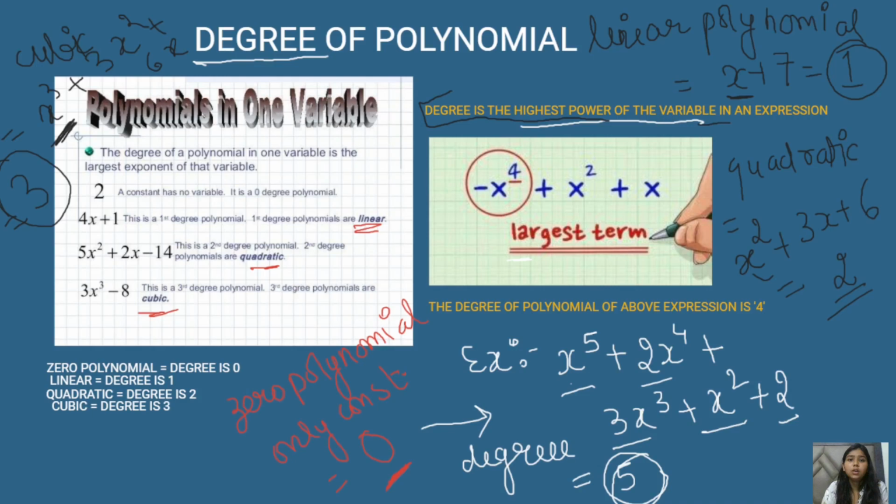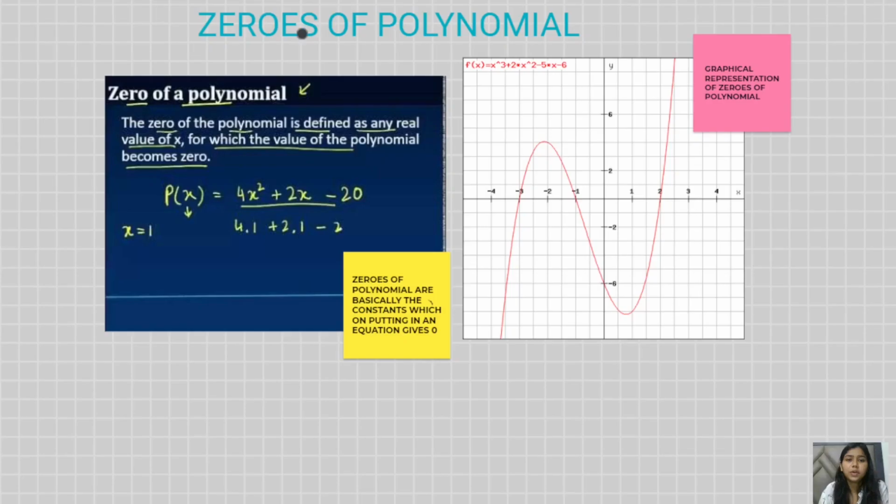Now let's move forward to the next topic, a very important topic from this chapter, that is the zeros of a polynomial. What do you mean by the zero of a polynomial?